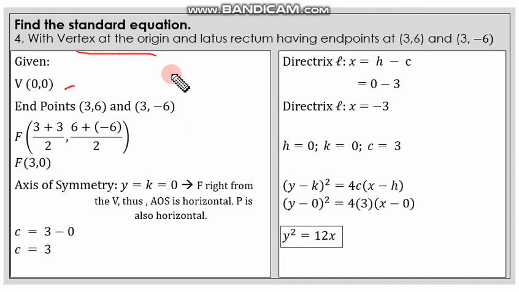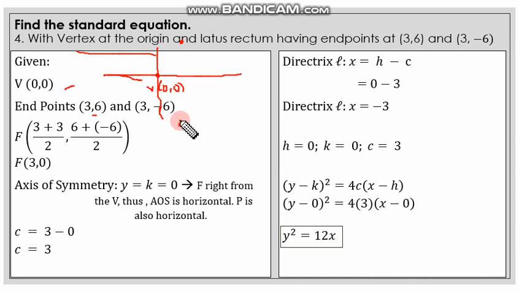So if this is the vertex at (0, 0), then our endpoints on the parabola are (3, 6), somewhere here, and then (3, -6), somewhere here.